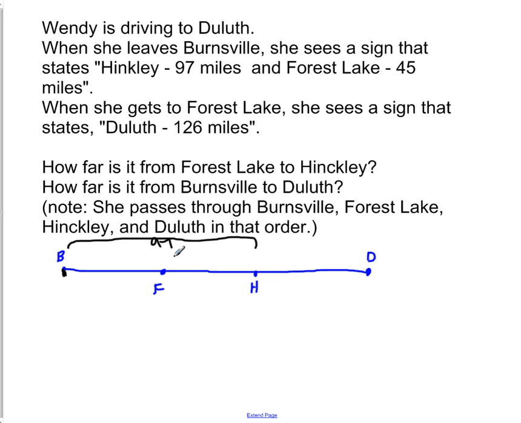And at that same spot from Burnsville, it says Forest Lake is 45 miles away. So this is going to be 45. Then once she gets to Forest Lake, which is the F one, she sees a sign that says Duluth 126 miles. So from Forest Lake to Duluth, that's 126.